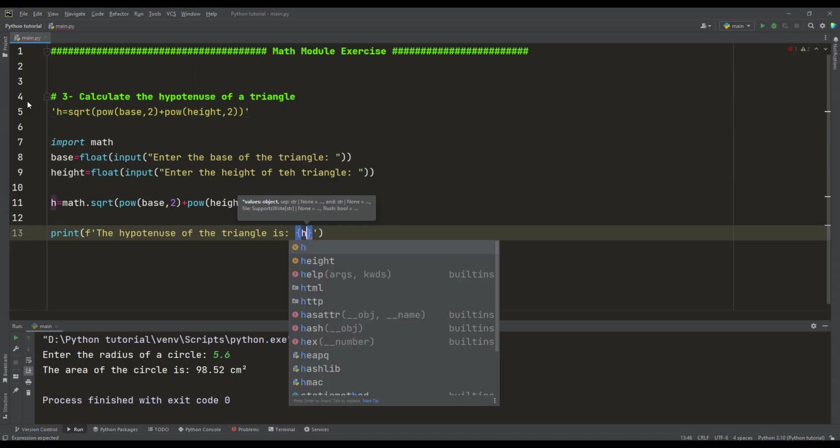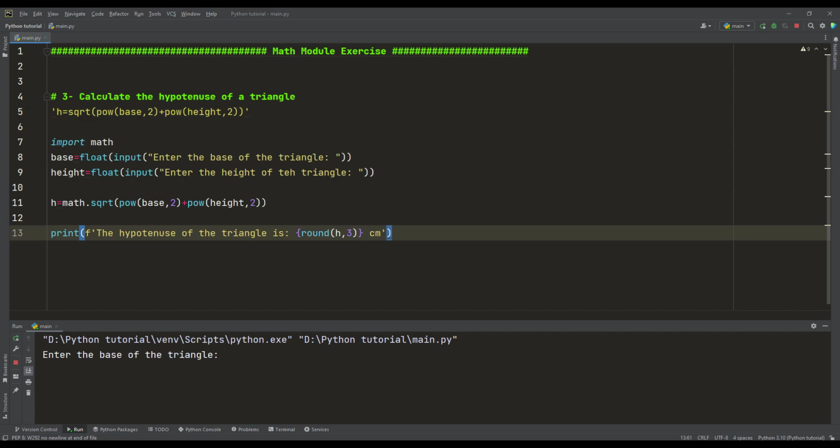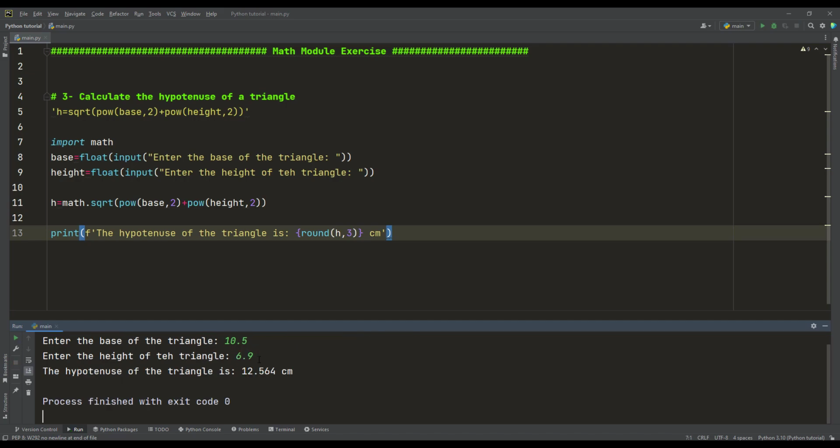And why not round this value to only consider 3 decimals. The hypotenuse will be in centimeters. Let us see, if the base is 10.5 and the height is 6.9, we will have the hypotenuse.